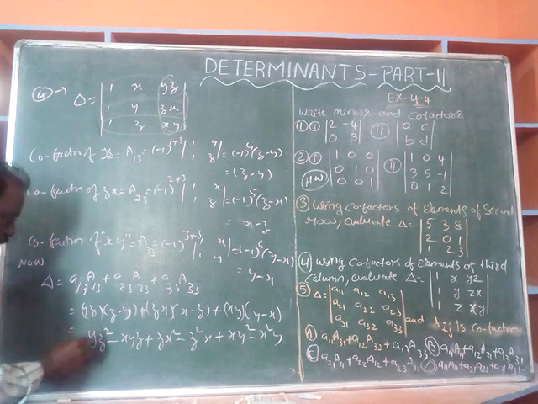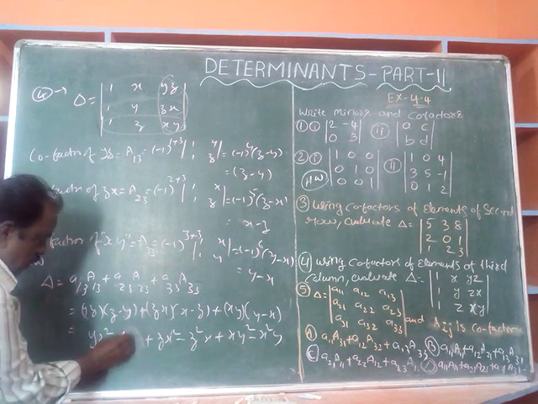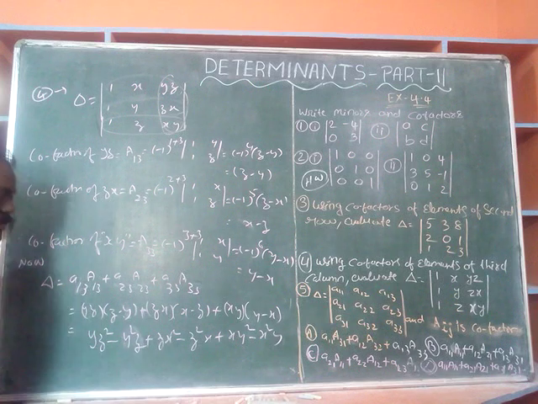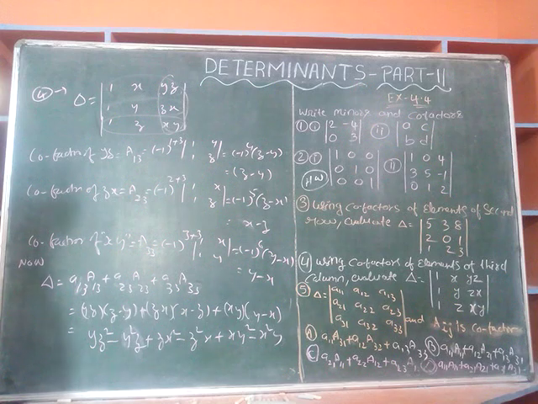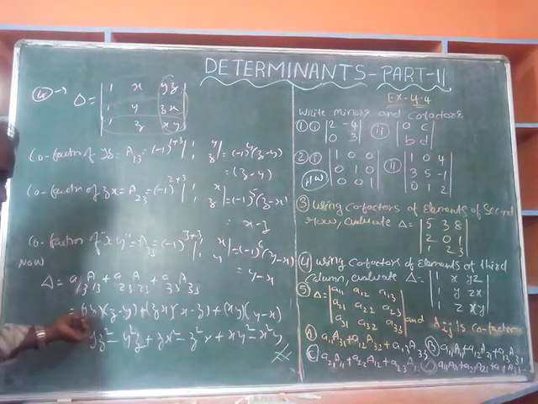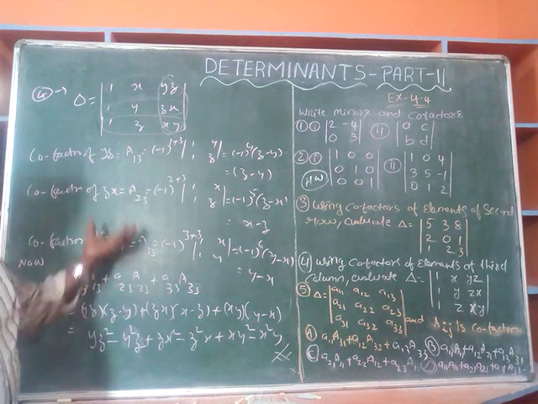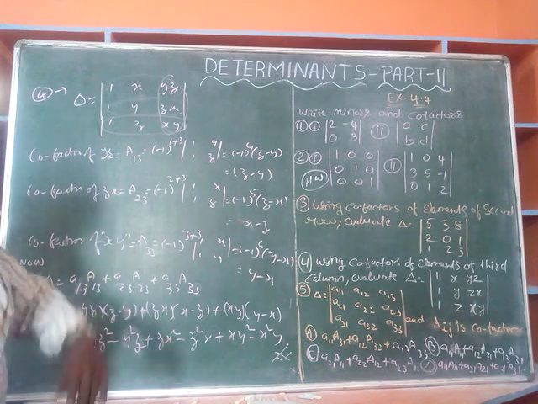So it is yz square, and it is y square z. Like that it can be expanded. You simply leave it here, because these are the main steps of the problem. Like this we can solve.